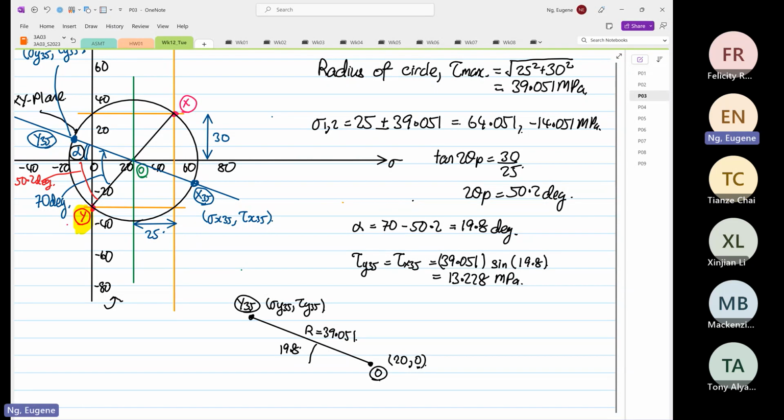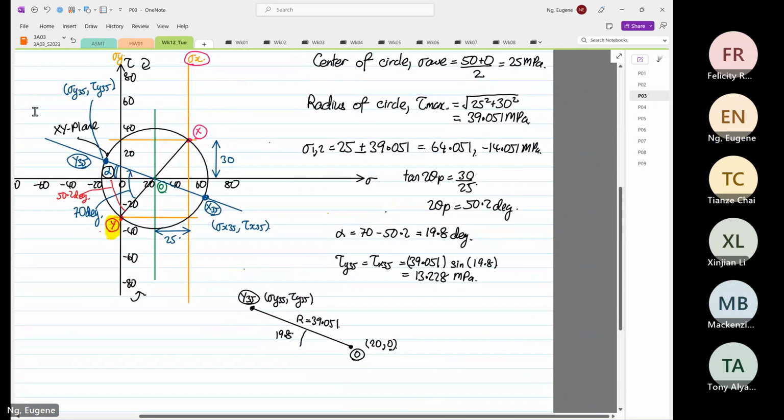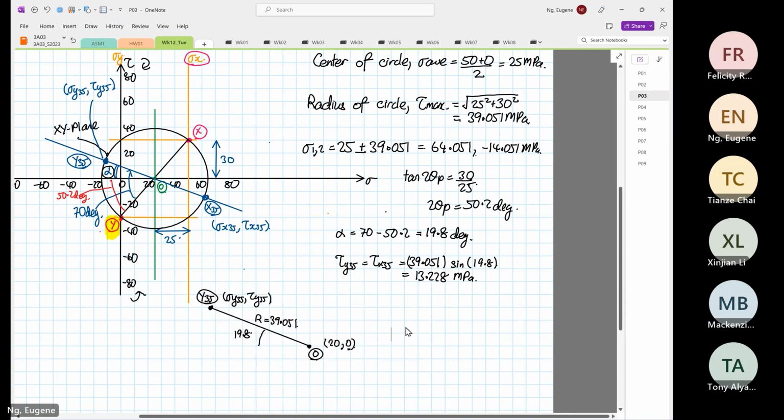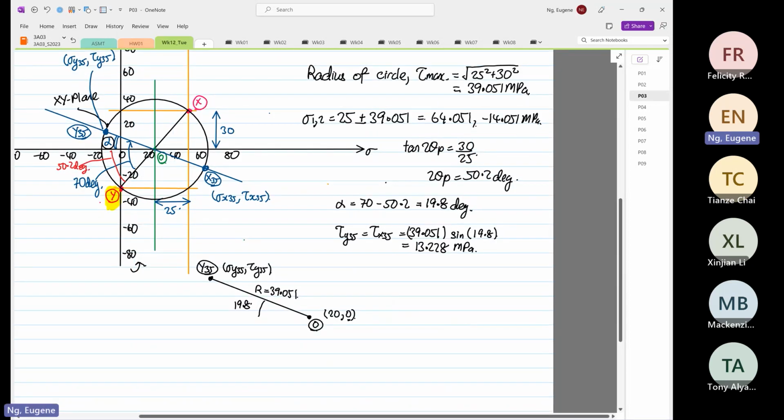Then now we go into the normal stress Y35. Hold on, let me do it in a graph paper view. Let me shift this first. So now we want to find stress Y35, and it's going to start from 20, because at the center of the circle is normal stress 20, shear stress 0.